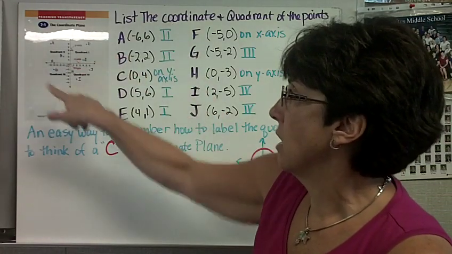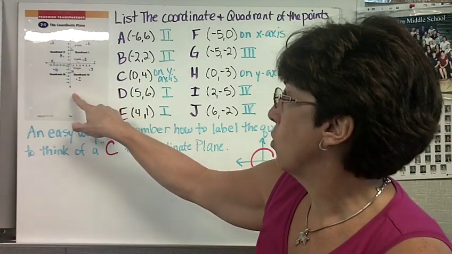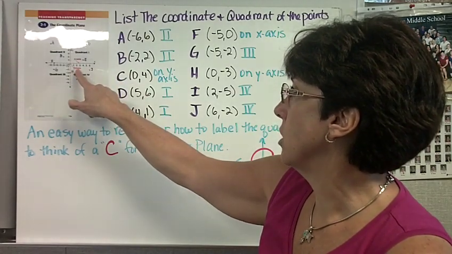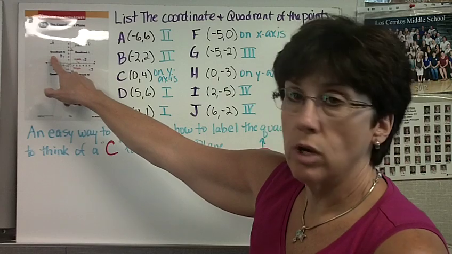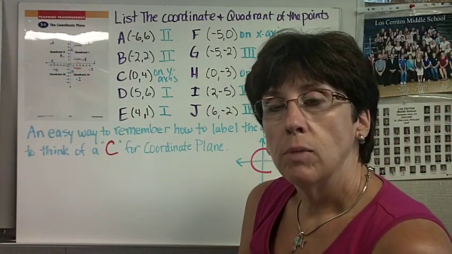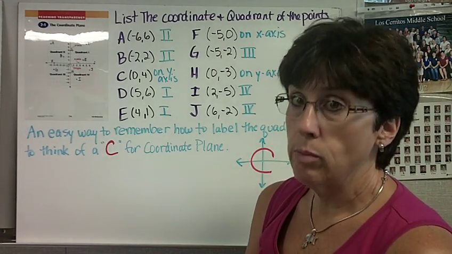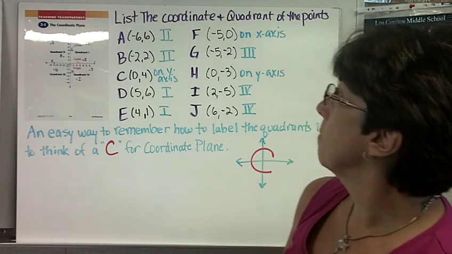Here is a picture of a coordinate plane: x-axis, y-axis, origin, quadrant 1, quadrant 2, quadrant 3, quadrant 4. Please notice the quadrants are written in Roman numerals, not in Arabic like we write regular numbers.